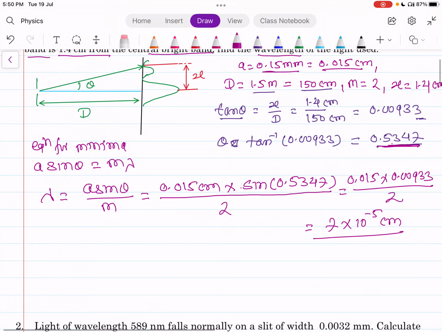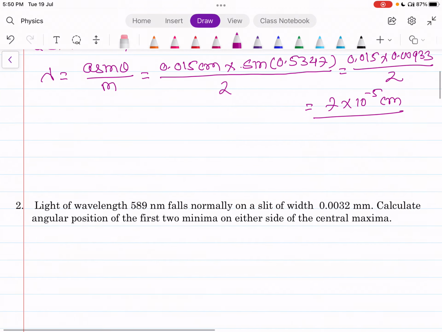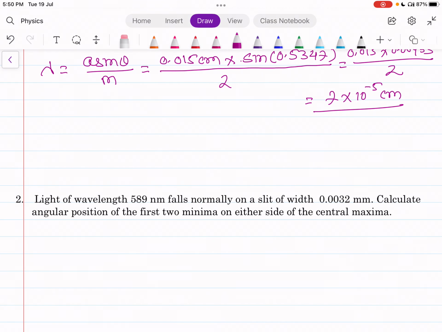Let's go to sum number 2. A light of wavelength 589 nanometer falls normally on a slit of width 0.0032 millimeter. Calculate the angular position of the first two minima on either side of the central maxima. So let's see first what the given quantities are.